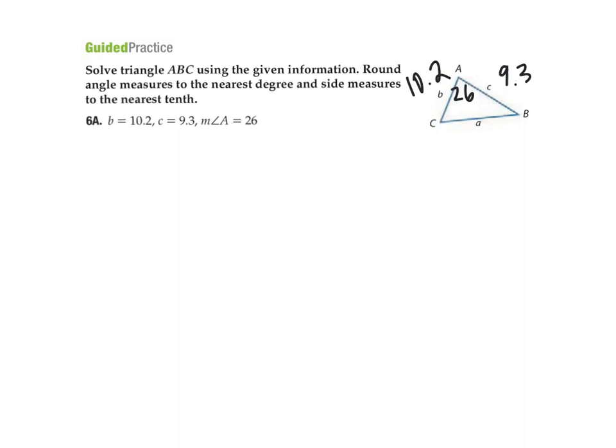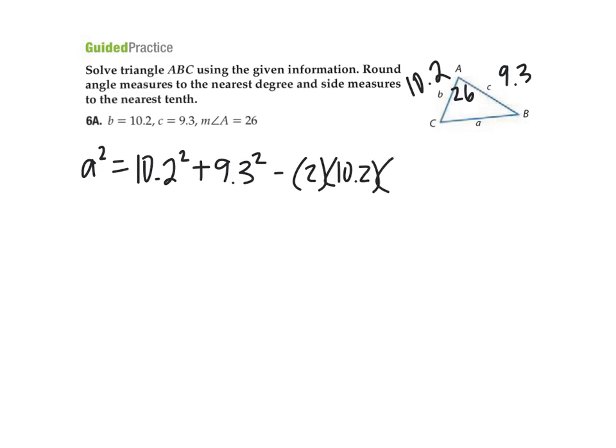I have to choose the right one to use. And in this triangle, the only one that I'm going to be able to use is the law of cosines. And I have to set it up a very specific way. There's only one correct way that I can start off this problem, and that is a squared equals 10.2 squared plus 9.3 squared minus 2 times 10.2 times 9.3 times the cosine of 26 degrees.